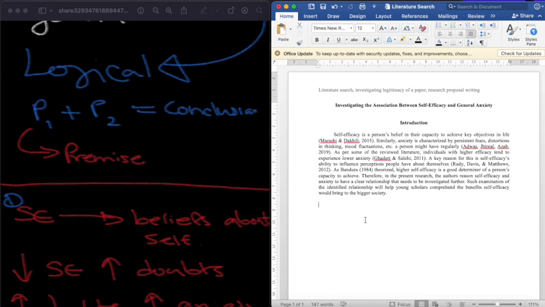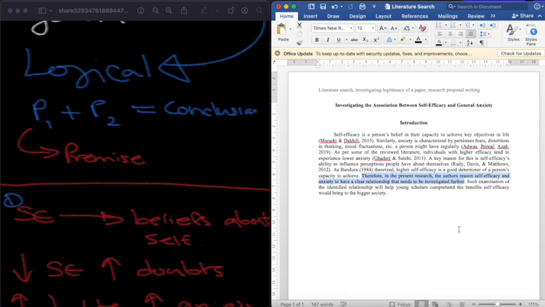A key reason for this is self-efficacy's ability to influence perceptions people have about themselves. As Bandura theorized, higher self-efficacy is a good determiner of a person's capacity to achieve. Therefore, in the present research, the authors reason self-efficacy and anxiety to have a clear relationship that needs to be investigated further. This is our conclusion.